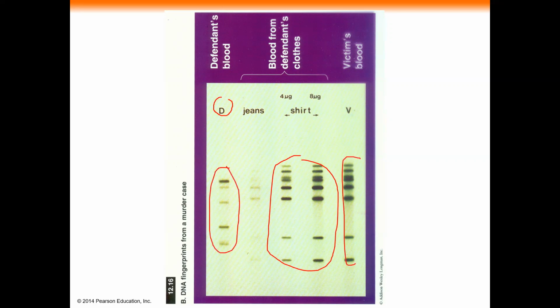I was trying to have a happy story rather than a bad story. But what we see here is that we have the victim's blood on the defendant's clothes. It doesn't match his or her blood, and so this person would be sent up, as they said in New York, sent up the river.